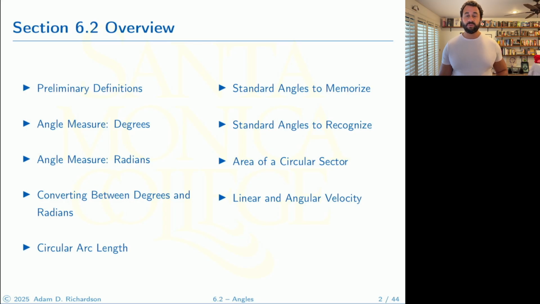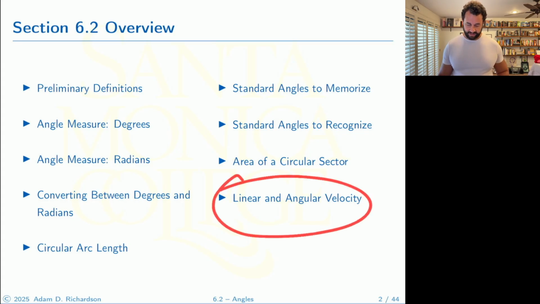And the idea is that you really don't need to memorize much. You just need to memorize a handful of angles, and then it turns out that all of the nice angles are just multiples of those angles that you memorized. Then we're going to talk about the area of a circular sector, and we'll finish off by talking about linear and angular velocity at the end.